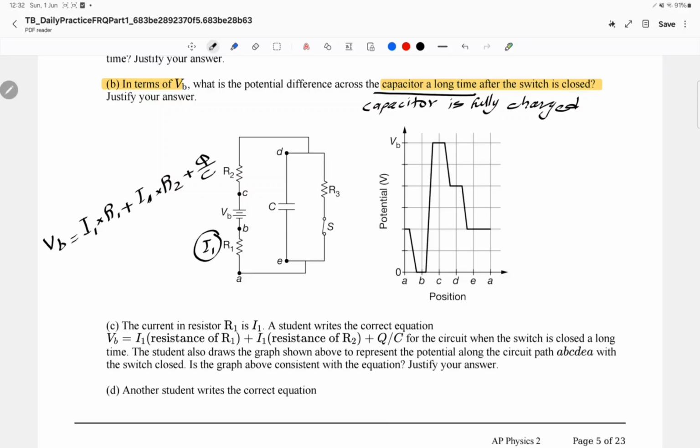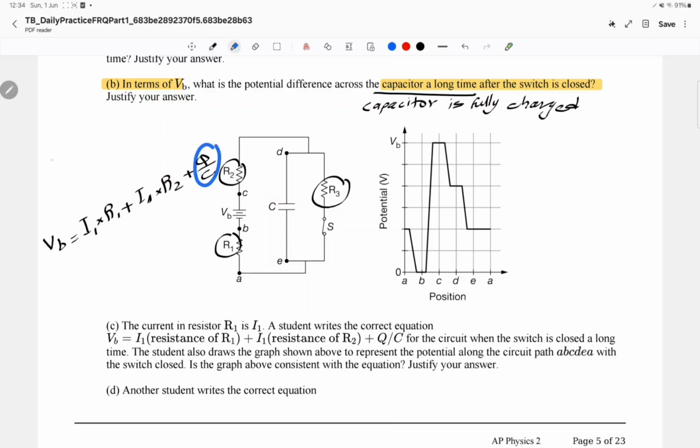Now look, the three resistors, R1, R2, and R3. Okay, so I1 goes in R1, R2, and R3 because they're in series, right? We know that. And essentially, what is this Q over C doing here?